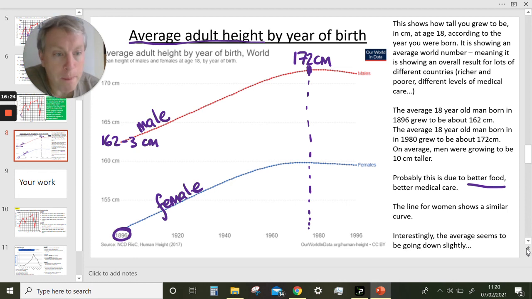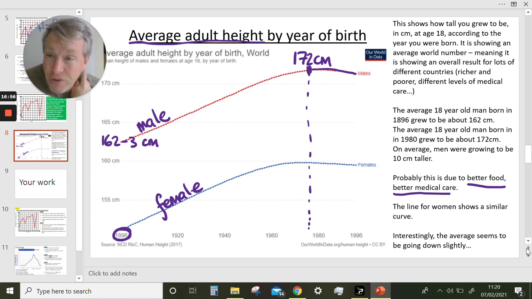And very interestingly, we can see that this line is starting to go down. And I thought, well, I wonder why that is. It seems that it's not that people are getting shorter, it's just that in the richest countries, where people have the best food and diet, and therefore they can grow to their full height, people in those countries are not having as many babies.